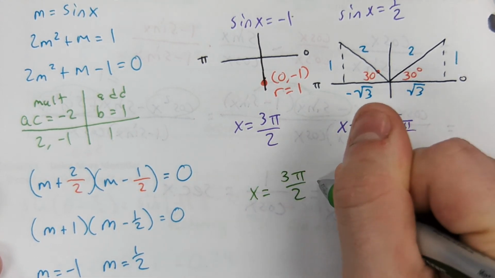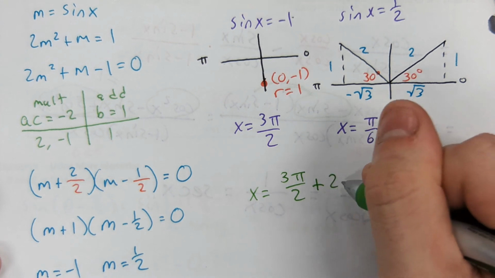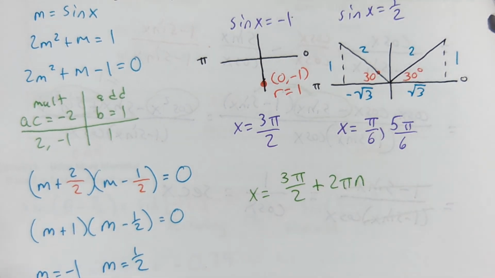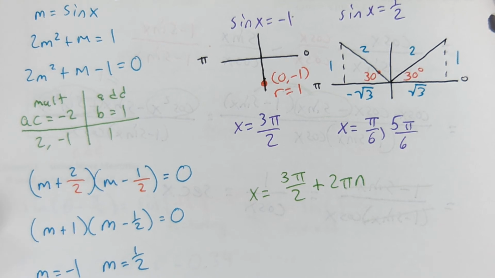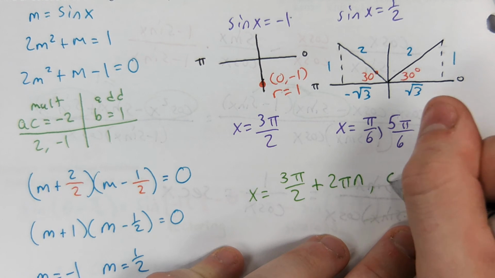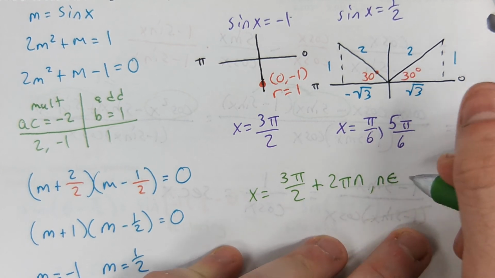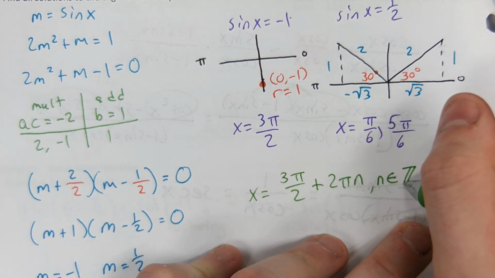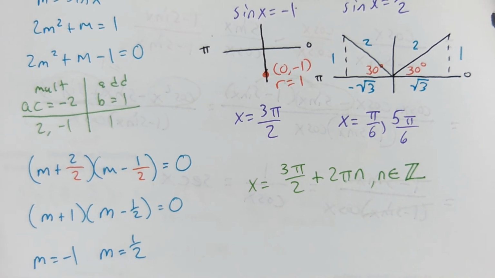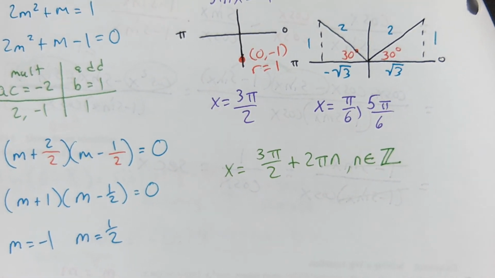This angle plus a multiple of 2 pi. And that multiple better be a whole number, right? So you say where n is an element of the integers. The integers are non-decimals.